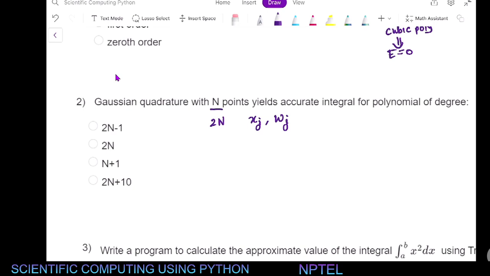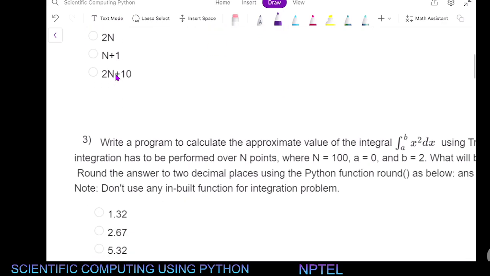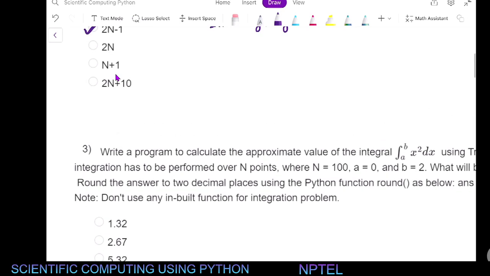So we can determine 2n constants. Now, what's the polynomial that has 2n coefficients? It's the polynomial of degree 2n minus 1. This is repeated many times in the notes, so all of us know. The rest of the problems are programming questions, so we'll do the coding.